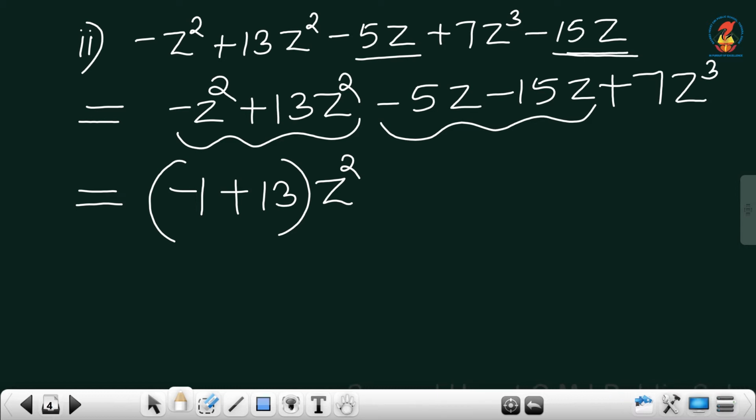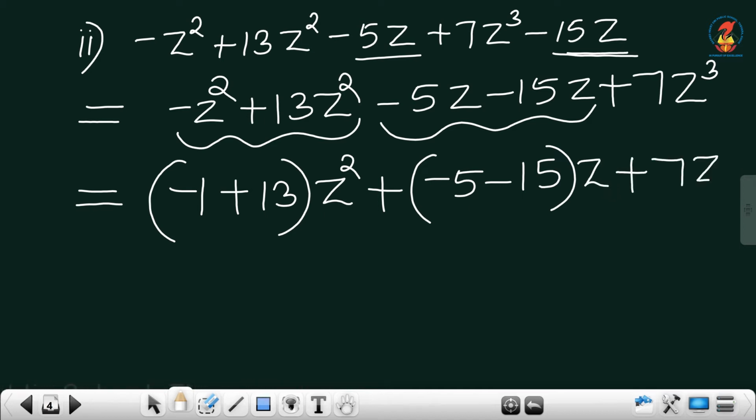Okay, now in the same way, this negative sign belongs to 5, is it? So what you can write? Plus negative 5 minus 15 and the variable is z. Then plus 7z cube. Remaining term same.